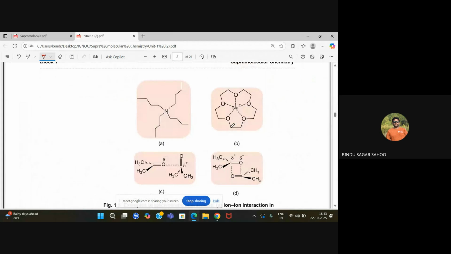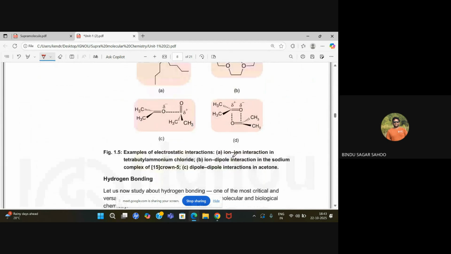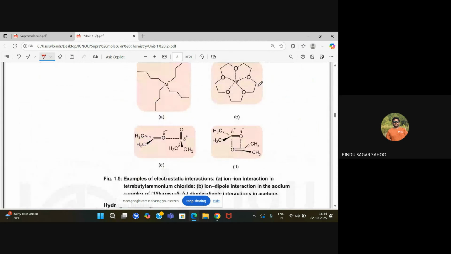So why 15? You can count its atomic centers, oxygen centers and carbon centers also: 1, 2, 3, 4, 5, 6, 7, 8, 9, 10, 11, 12, 13, 14, 15. So the total number of centers will be 15. And how many oxygen centers? 5: 1, 2, 3, 4, 5. That's why its name is 15-crown-5.